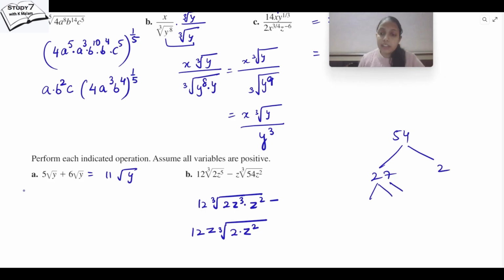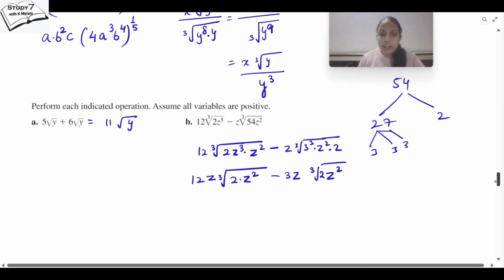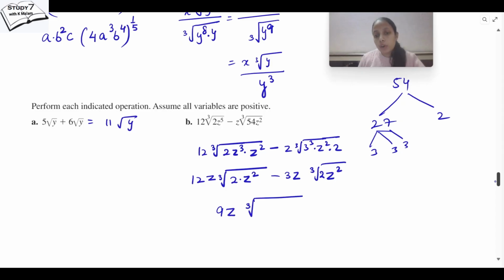What is 27? 27 is 3^3. So 3 comes out, 3z times cube root of z^2, and there is one more 2 left because it's 27 times 2. Now if you simplify 12z minus 3z, it's 9z, and then the cube root of 2 times z^2.